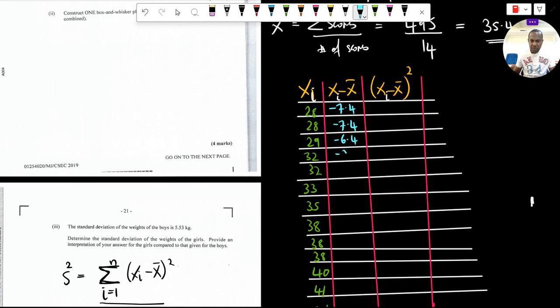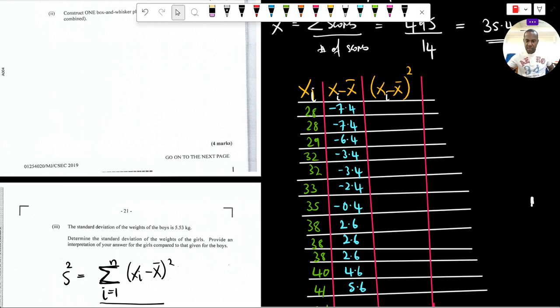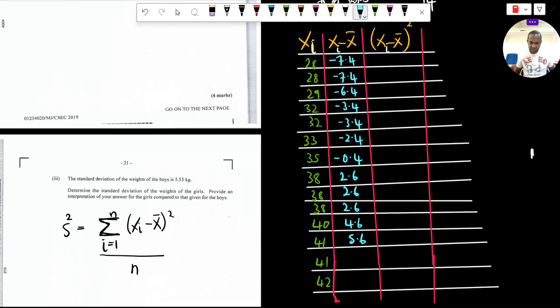Then 32, that's going to be negative 3.4, negative 3.4 again. 33 and 32, 33 is negative 2.4. 35 is minus 0.4. 38 would be 2.6, yes, 2.6. 38 again 2.6, 38 again 2.6. 40 is going to be plus 4.6. 41 is plus 5.6, and the last few 5.6 again.